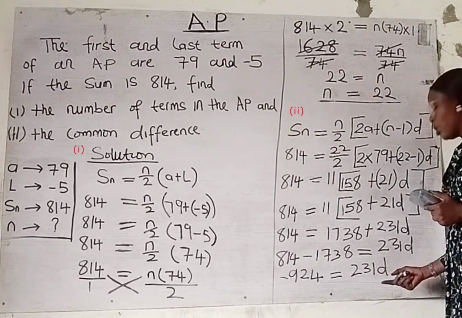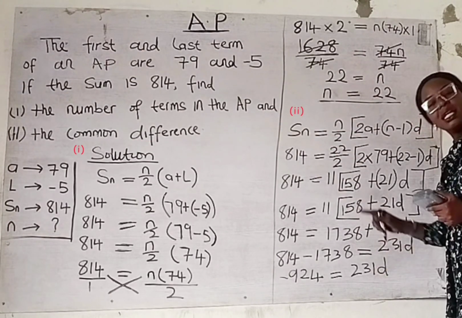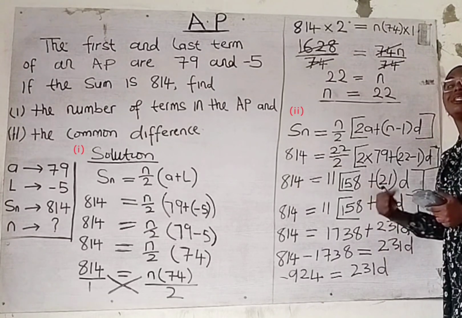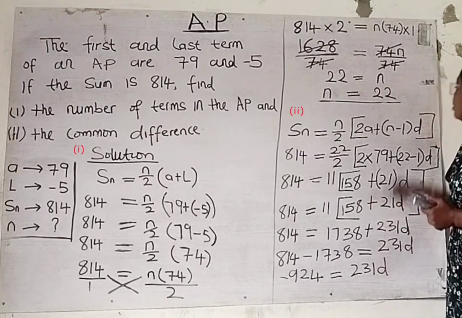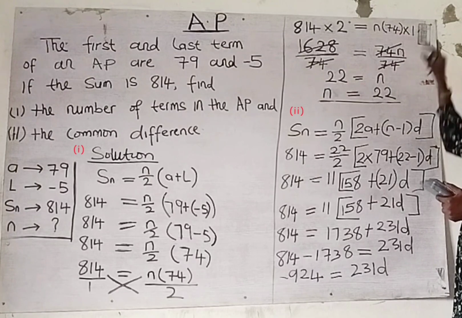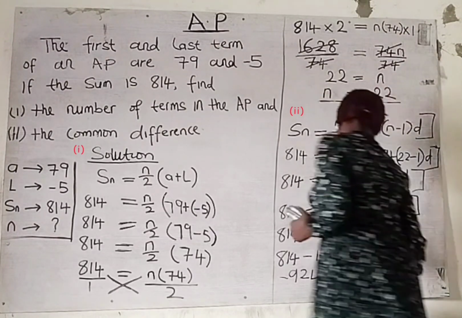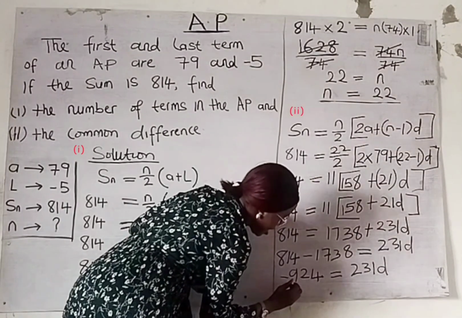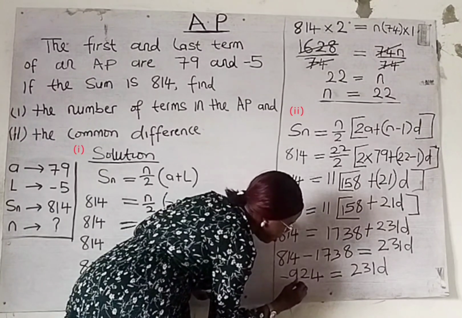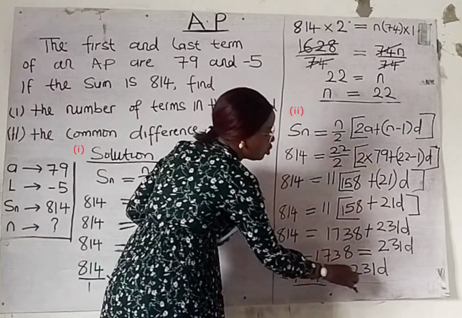And why do we do so? So that D will stand alone, so that we can know the real value of D, just like we did here. Yes. So I say, let me stand here. I say 924 divided by 231.